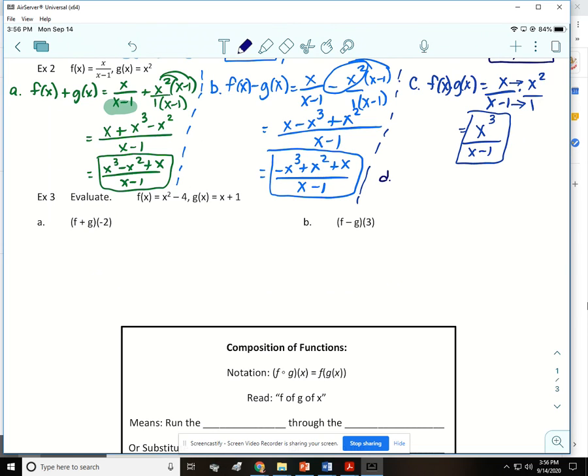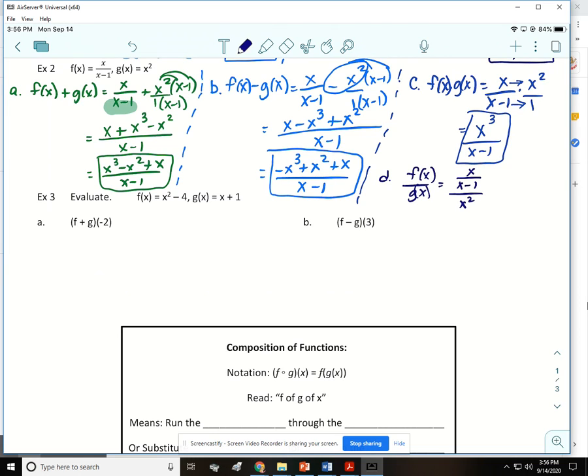All right, for D, we're going to divide f of x by g of x. So this one is a little more challenging than this multiplication, but we'll take our f function and divide it by the g function. So try to think back to when you learned about fractions, like 3rd, 4th grade.